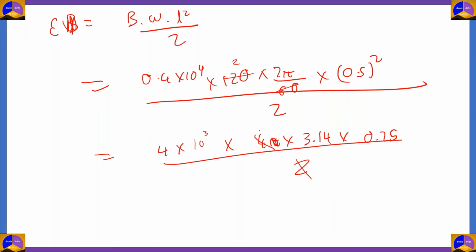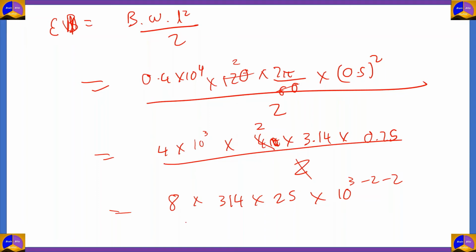Now we can cut off one of the 4s, so we get a 2. 4 times 2 is 8. 8 into 3.14, we can write as 314 into 10 raised to minus 2. And we can write the other value as 25, so into 10 raised to 3 minus 2 minus 2.